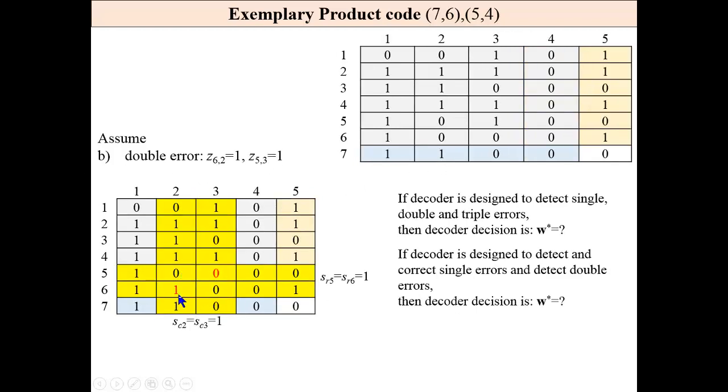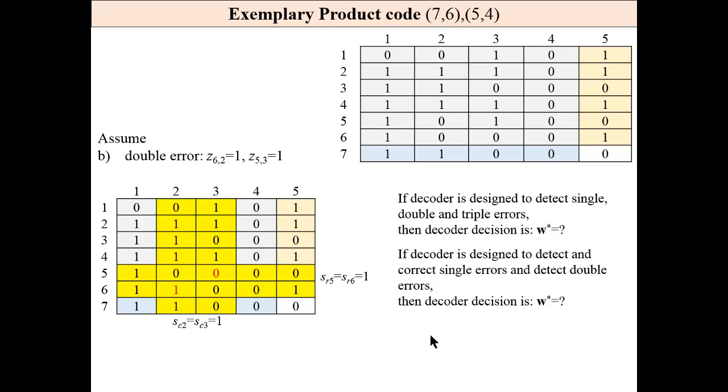We have errors in 2 different rows and 2 different columns. Then we have parity check sums in these 2 rows and 2 columns equal to 1, and so the decision is that we have a double error, detectable but not correctable.